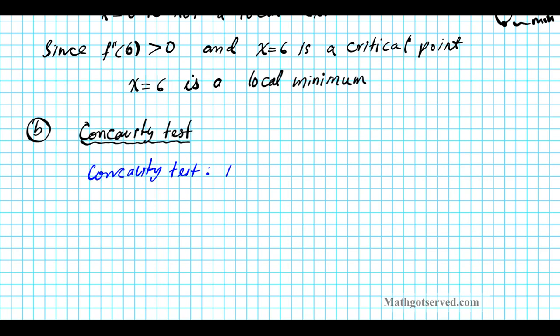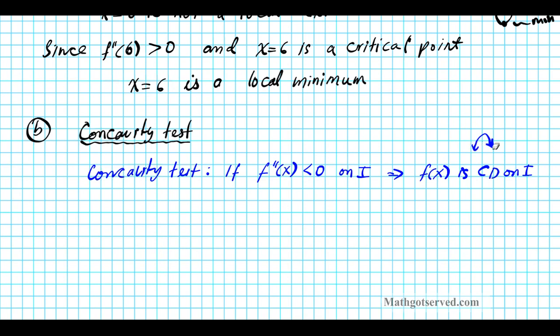If the second derivative is less than 0, or negative, on an interval I, then that implies that the function is concave down on I. Negative, concave down, like negative people are always sad.